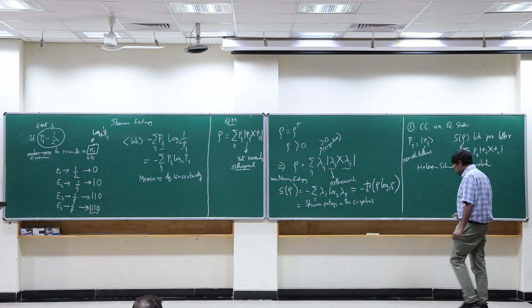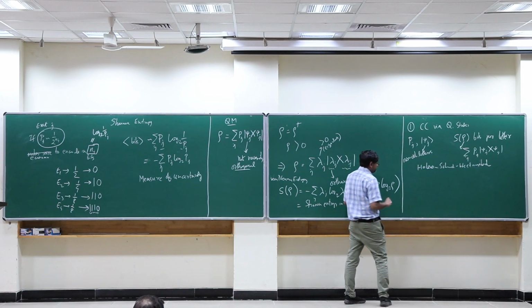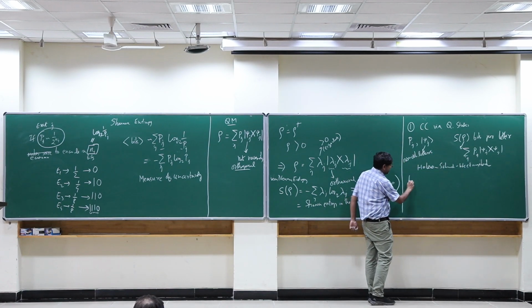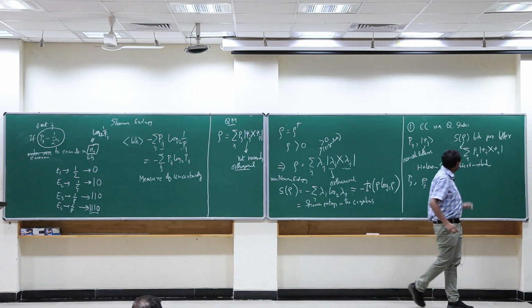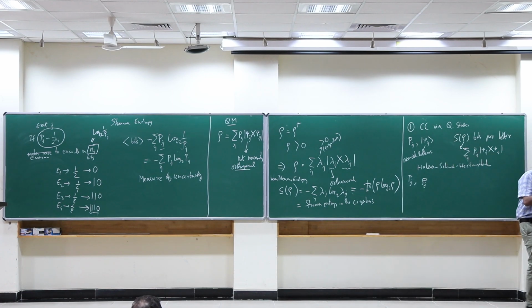Now it also has an application when with Pj you have mixed states rho j. Instead of psi j's being non-orthogonal, suppose they are even mixed states, so they have a little bit of statistical uncertainty as well.